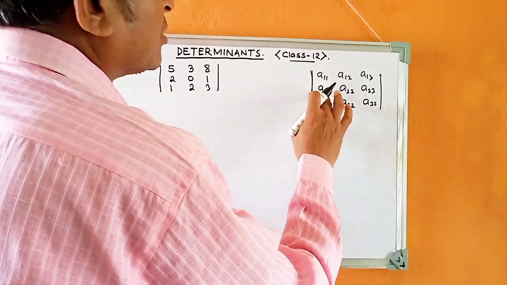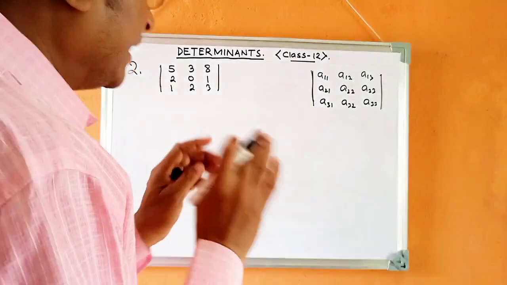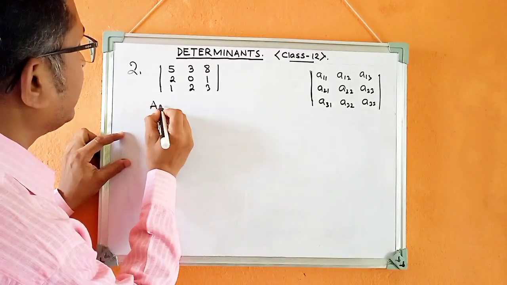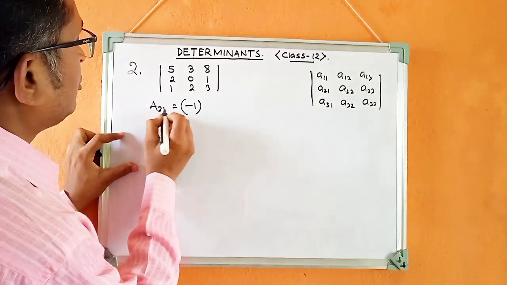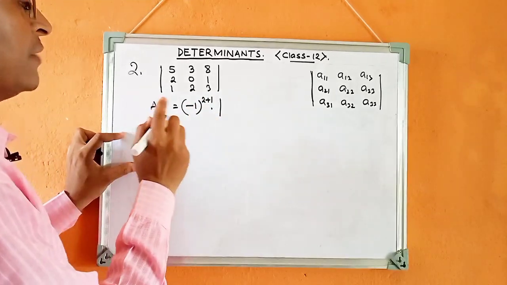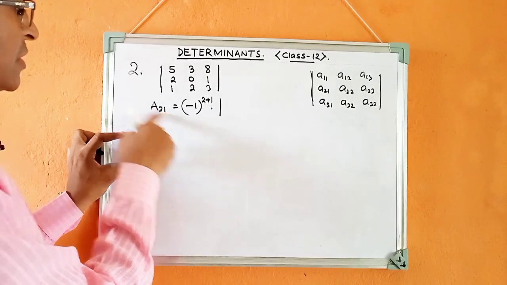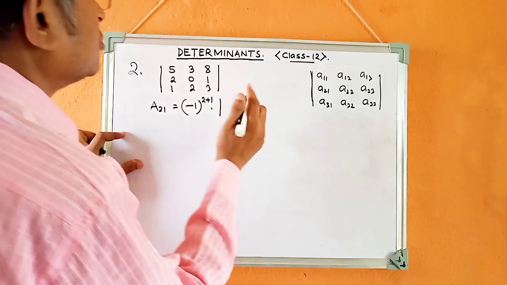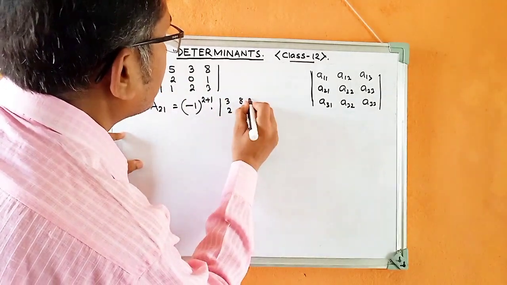Second row first column means capital A21. How to find it: (-1) to the power 2 plus 1 into the determinant after eliminating the second row and first column. So we get 3, 8, 2, 3. Got it?